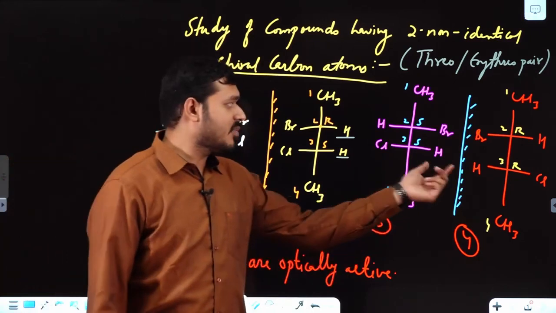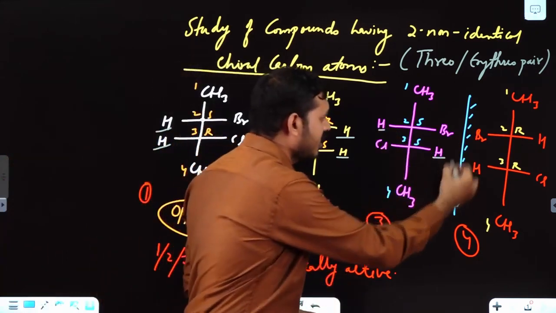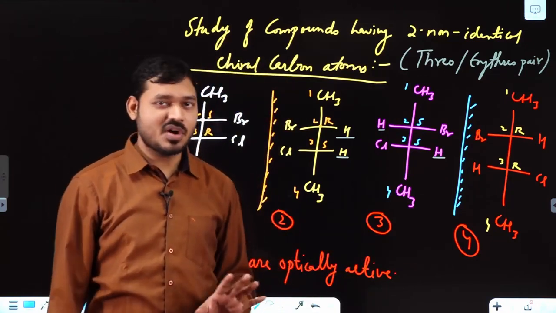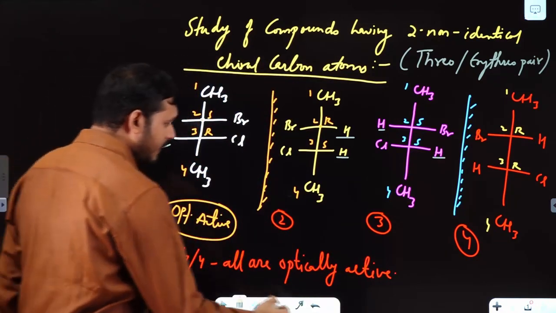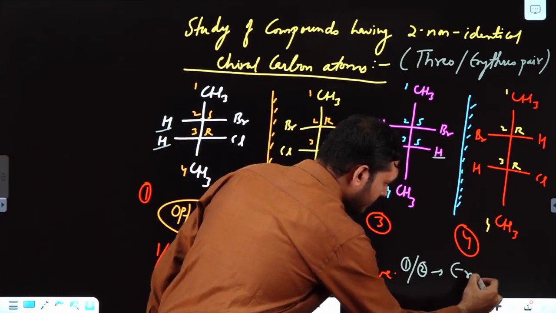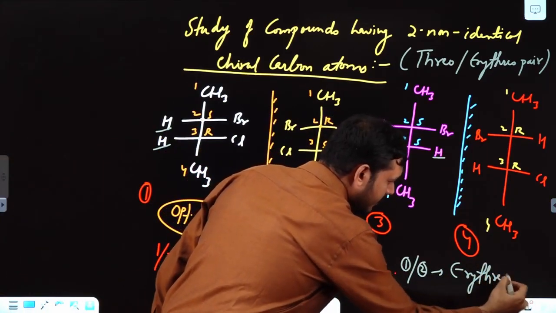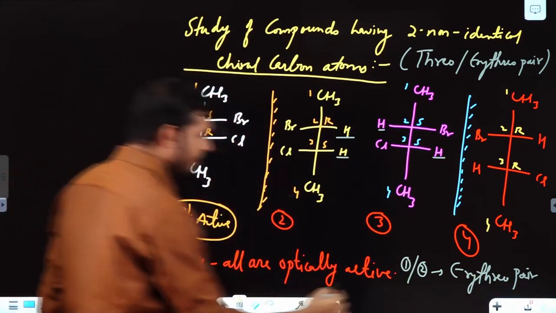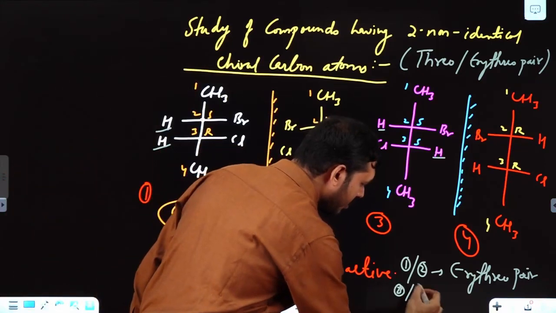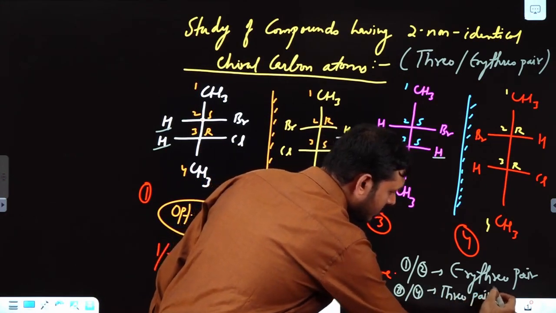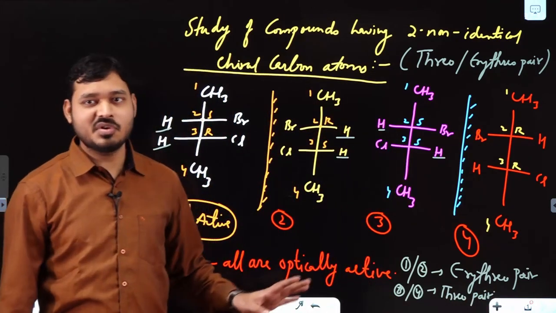And same groups, see hydrogen here and here, on opposite side, it will be called as threo pair. Clear to you all? So I can say 1 and 2 erythro pair means same side I said, and 3 and 4 I said threo pair. Clear to you all?